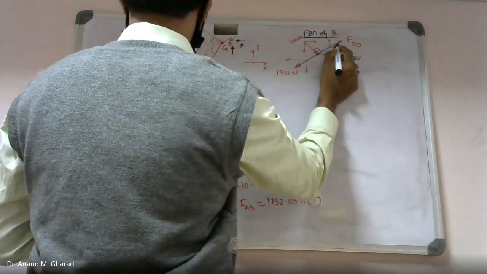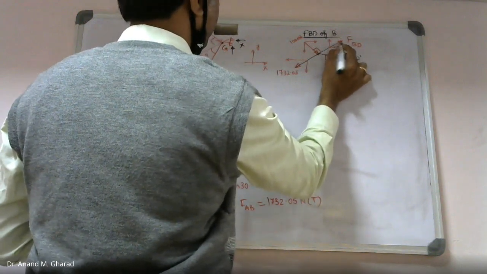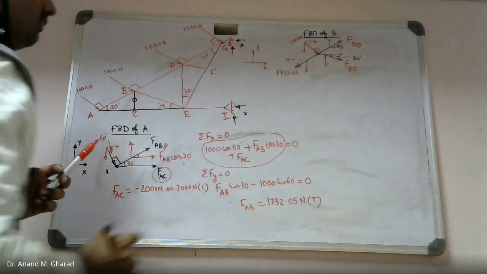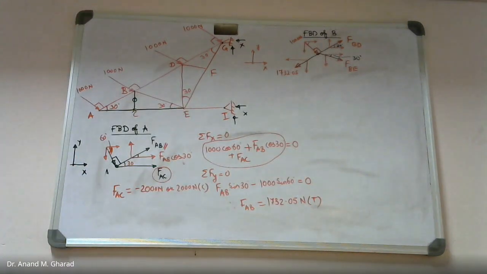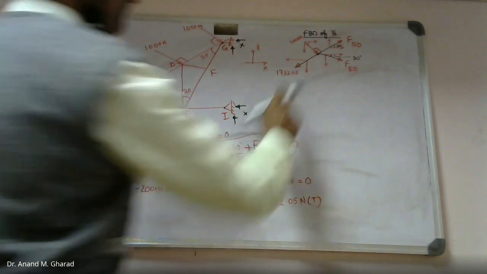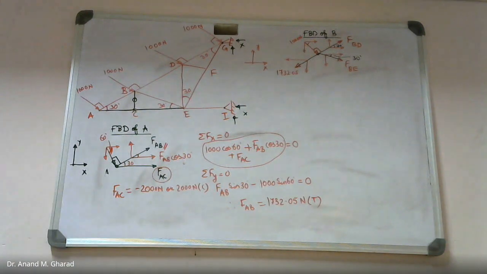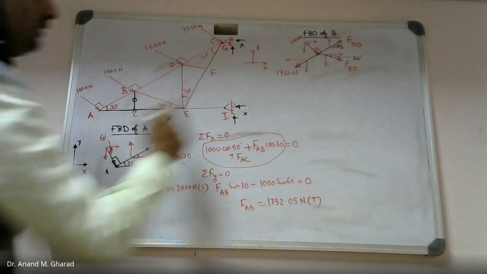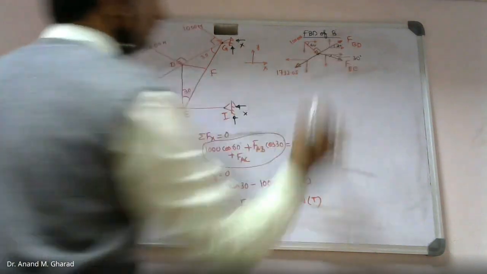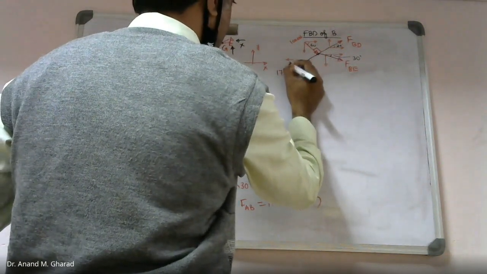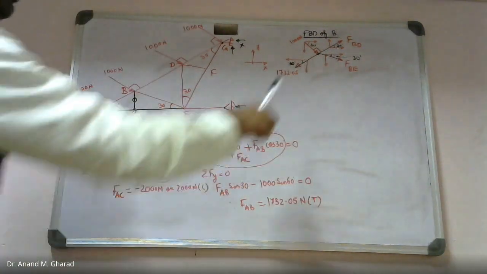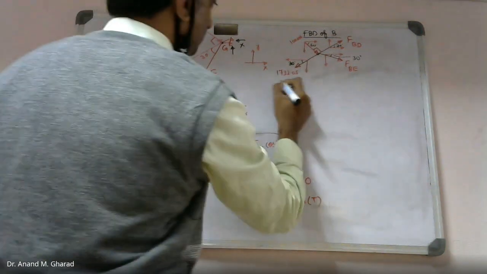This angle again it is 30 degree. Okay. What about this angle? How much will be the value for this angle? As we have discussed here, it is 60 degree. Okay, and this is 30.